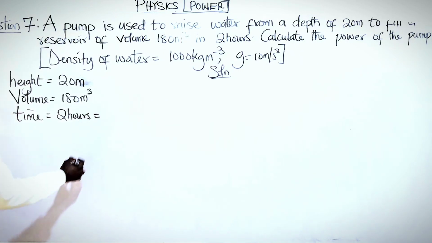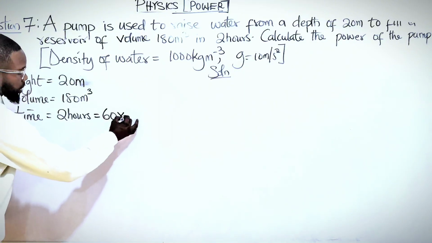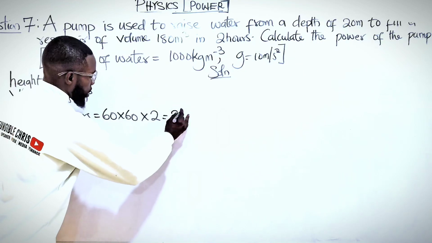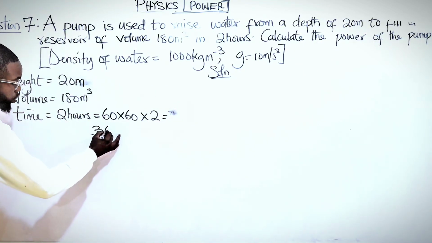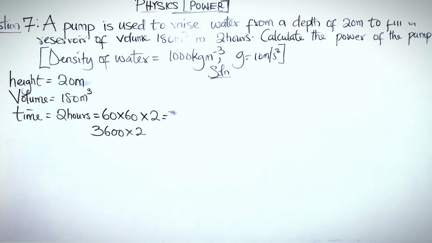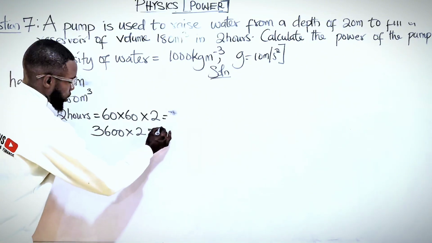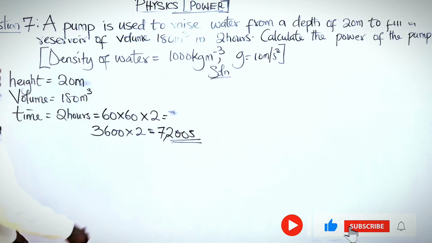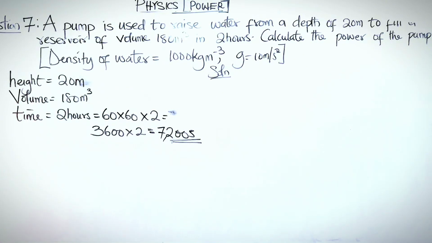What will be 2 hours in seconds? One hour is 60 times 60 times 2, which gives us 3,600 times 2, so we're going to have 7,200 seconds. So we've converted the 2 hours into seconds.